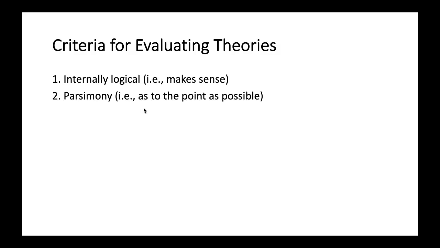Parsimony, right? Parsimony is something I struggle with, but good theories get to the point as quickly as possible. If you think about the theory of planned behavior, there are just a few different constructs or concepts that lead to behavior.